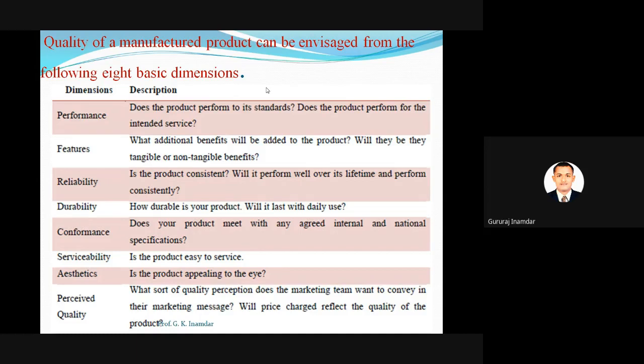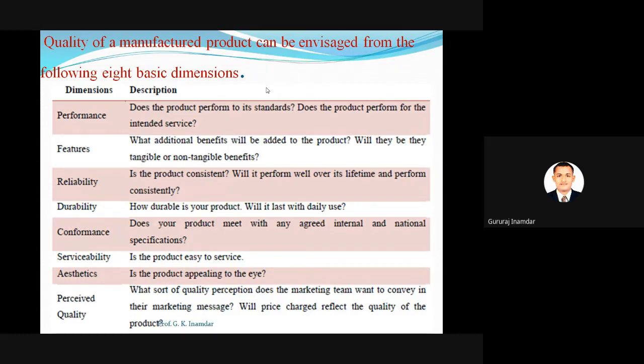Okay, so those are the additional factors which will increase the quality of your product. Definitely, we have to take that into account while producing or manufacturing the product. So the aesthetic look is also important.